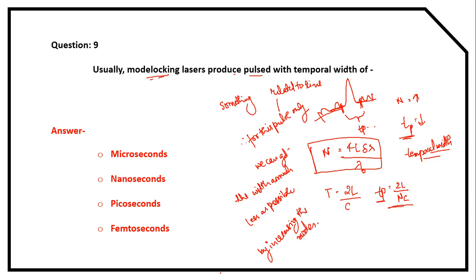By increasing the number of modes, you can get a decrease in the temporal width.